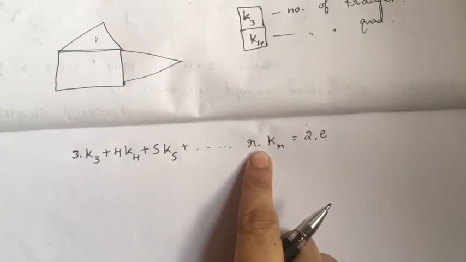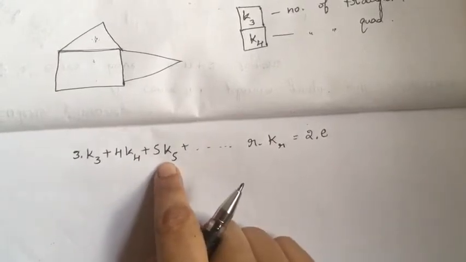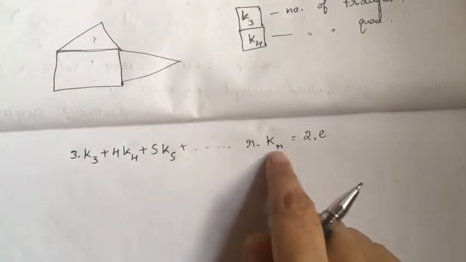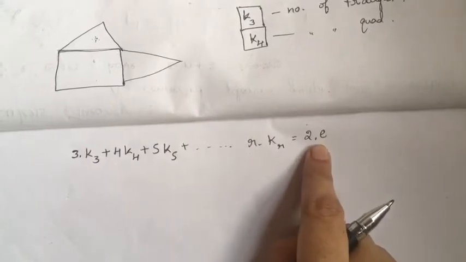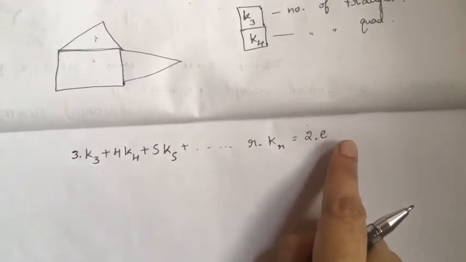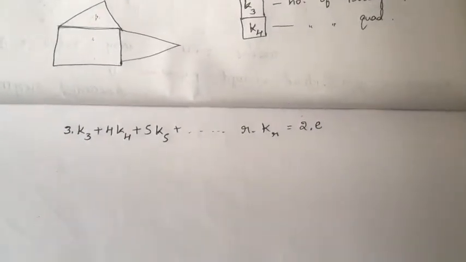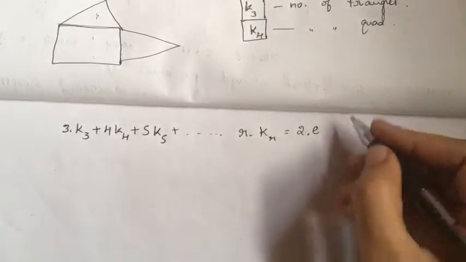Now 3k3 plus 4k4 plus 5k5 and so on up to rkr is nothing but 2 into e, because every edge is a boundary for exactly 2 regions. Let me call this equation 1.